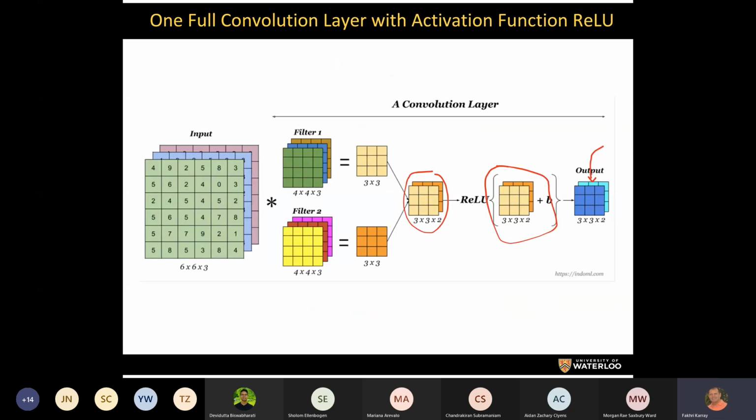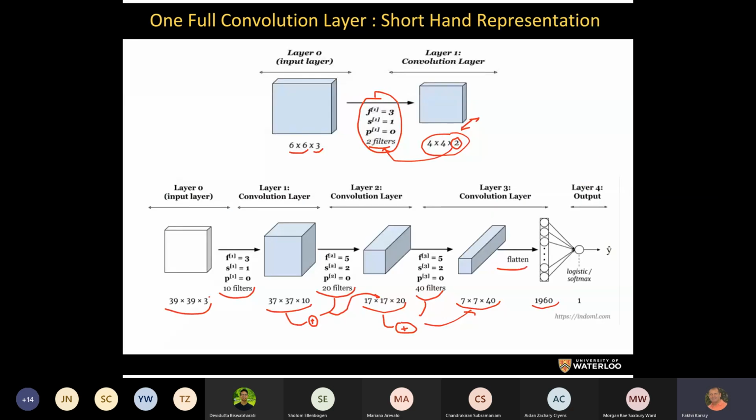When we say flatten, that's after the last convolution layer, because we now need to go from a matrix or a tensor to a vector. Flattening means that we take all these elements for each one of the filters, or this particular output, and flatten them.